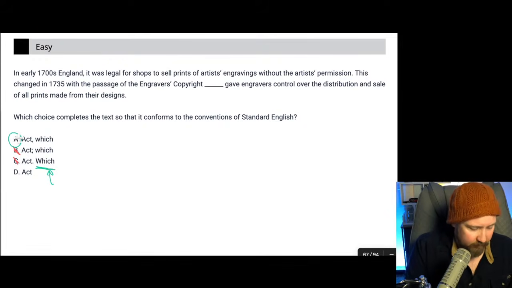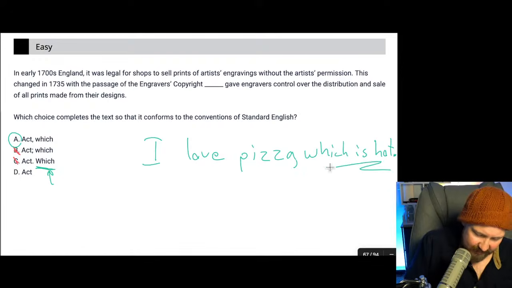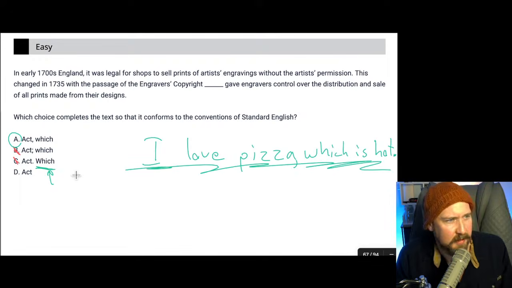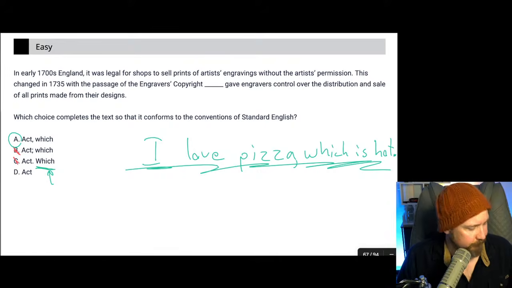So a simple version of this would be: I love pizza, which is hot. So more or less, this is what's happening in this sentence. It's just more words and not as delicious. All right. Good job for you guys who got the correct answer.